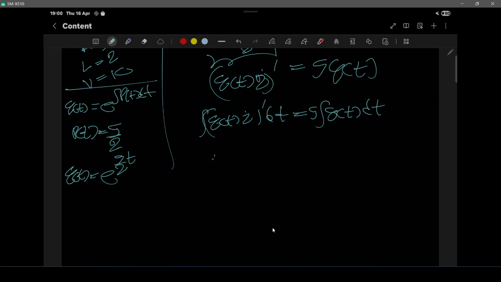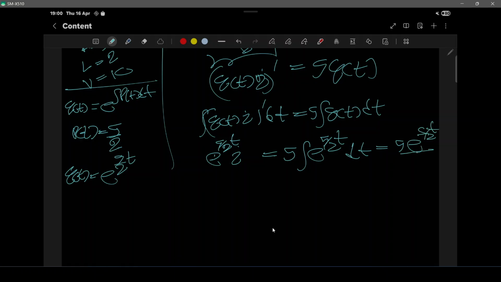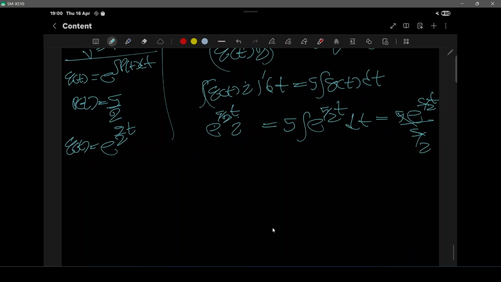So Q(t) means e to the power 5 over 2 t. I times that is equal to 5 times the integration of e to the power 5 over 2 t dt. This is just equal to e to the power 5 over 2 t over 5 over 2. The 5 cancels out.